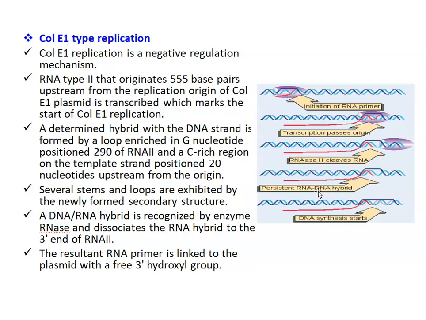A DNA-RNA hybrid is recognized by the enzyme RNase H, which cleaves the RNA at the 3' end of RNA2. The resultant RNA primer is linked to the plasmid with a free 3' hydroxyl group.